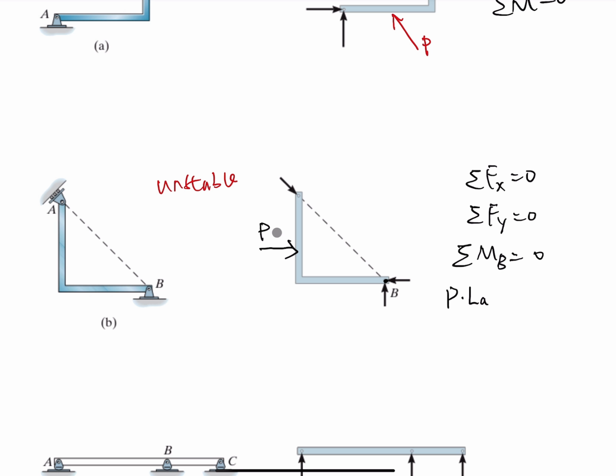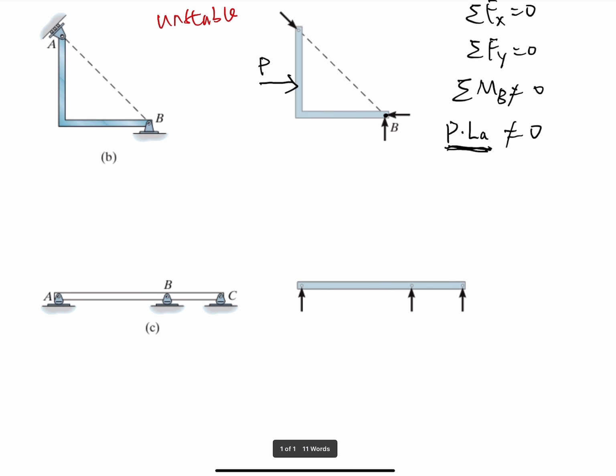All three reaction forces go through support B, so they have zero bending moment. So these bending moments cannot equal zero, which means the moment equation of equilibrium cannot be satisfied. This is why the structure is unstable.